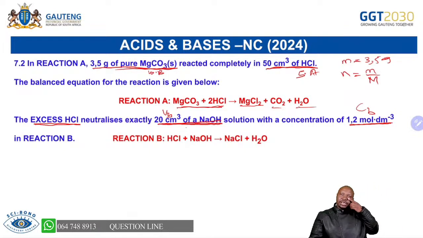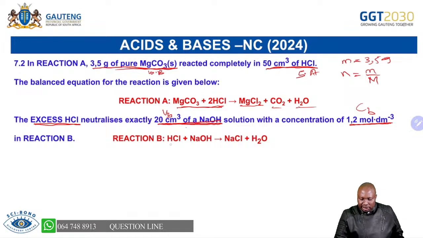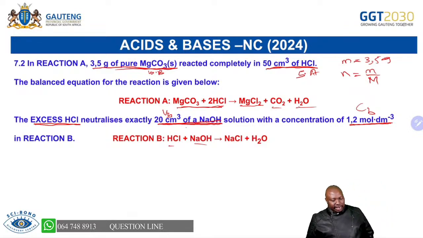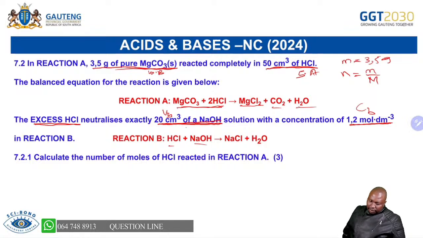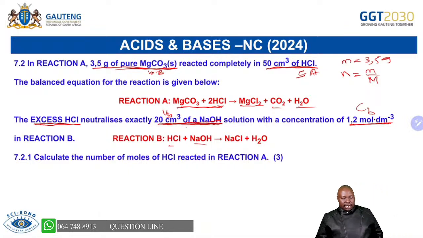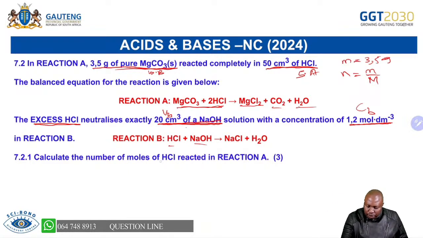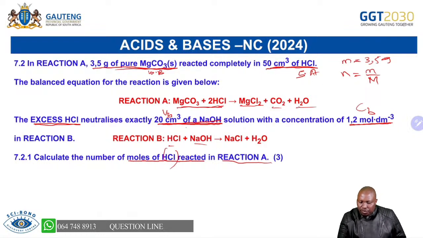Now, in reaction B, in the second reaction, where we are reacting HCl and sodium hydroxide, that is the second reaction. Now, the first question: calculate the number of moles of HCl reacted in reaction A. And you see that for HCl, we're only given volume there.